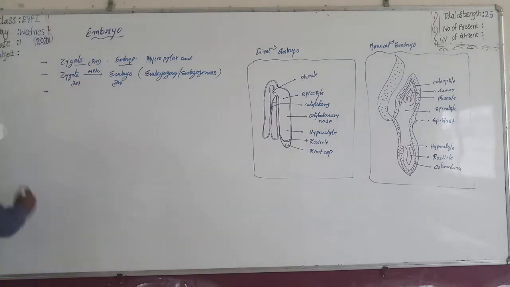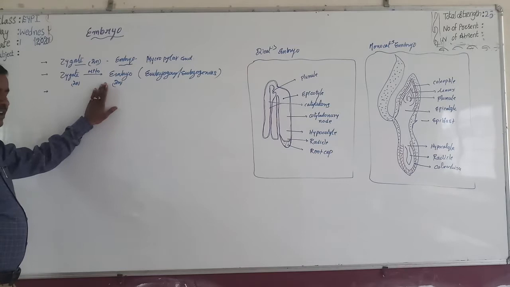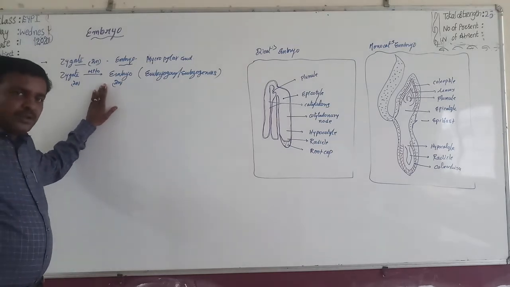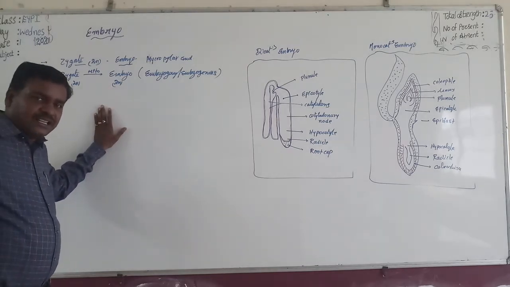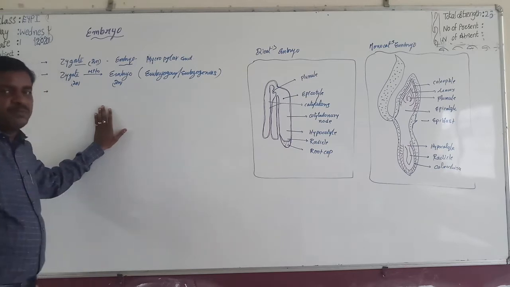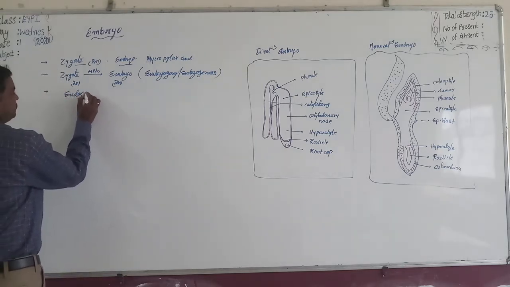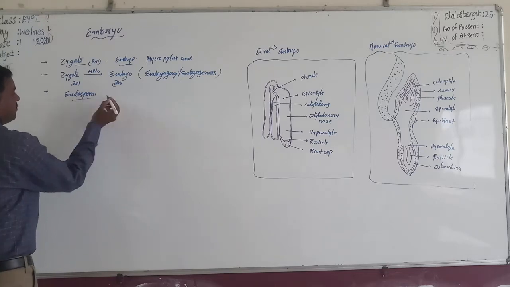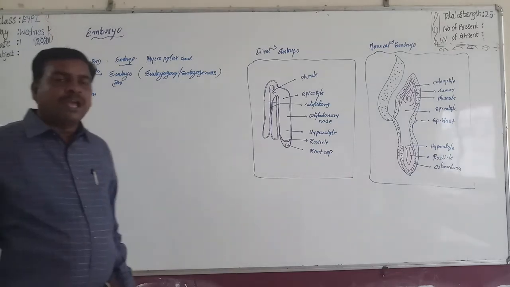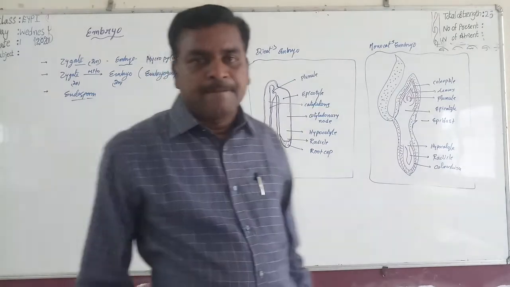The zygote develops into the embryo only after a certain amount of endosperm is formed. Endosperm is formed from the primary endosperm nucleus.